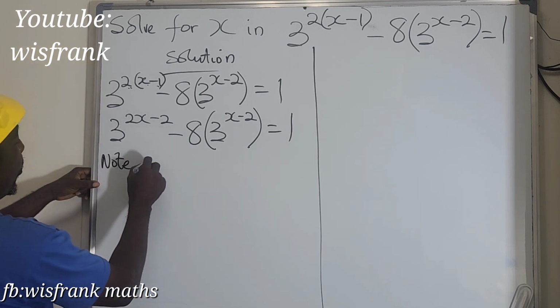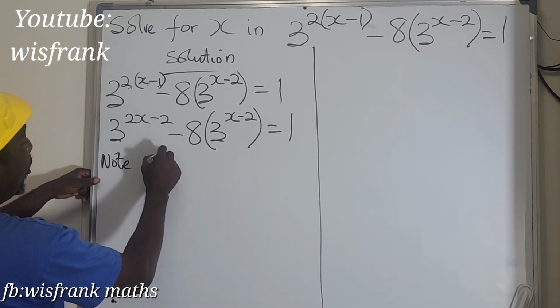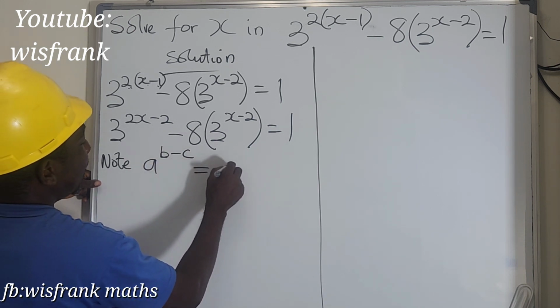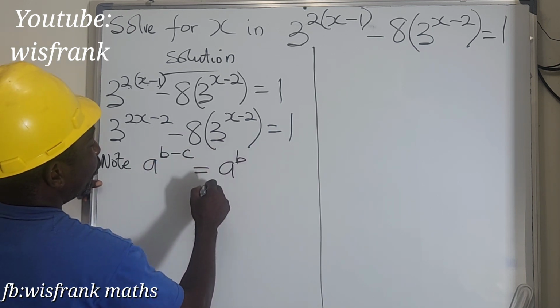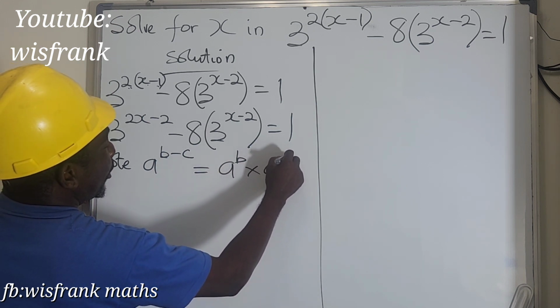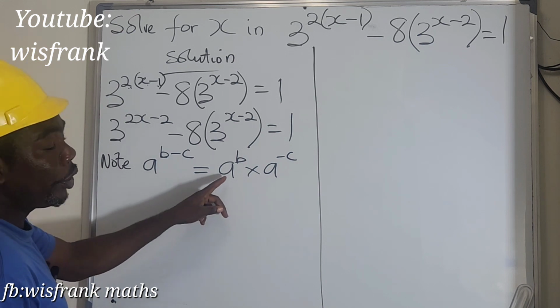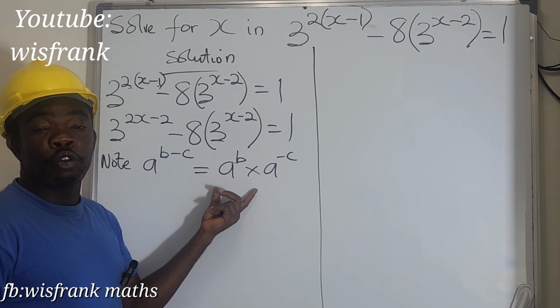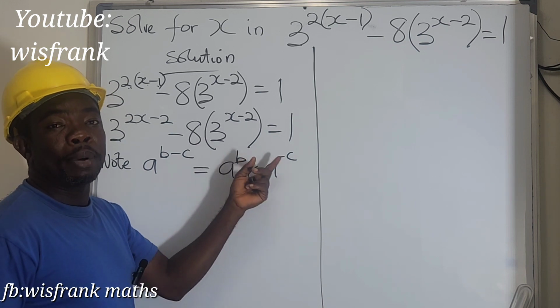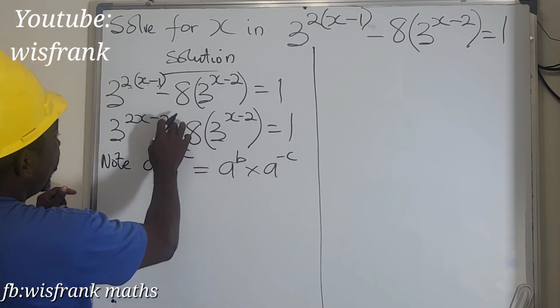When we recall, a to the power of b minus c is the same thing as a to the power of b times a to the power of minus c, because when the two bases are the same, we add the powers. So this is what it becomes.